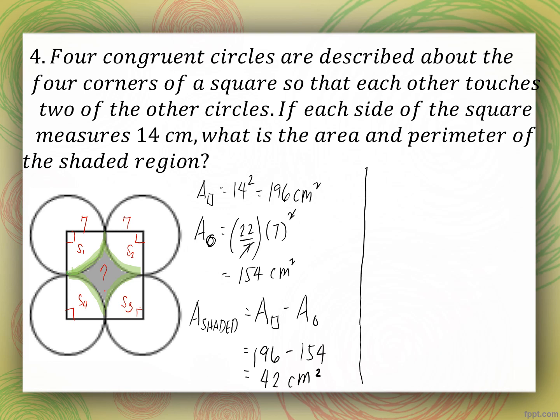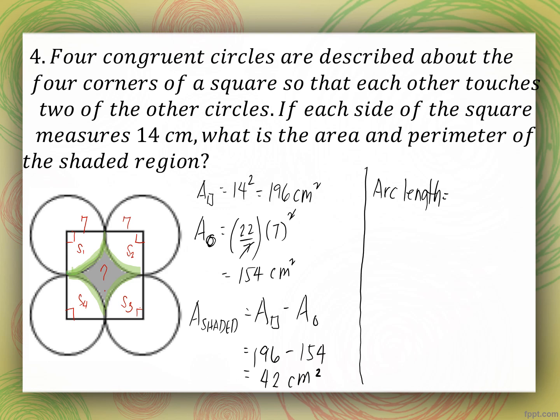since the circles are congruent, right? So once we get the arc length of one sector, we can just multiply it by 4, and that would be the perimeter of our shaded region. So let's solve for the arc length of one sector. If you remember, the formula for arc length is equal to the degree of the arc over 360, multiplied by 2 pi r.